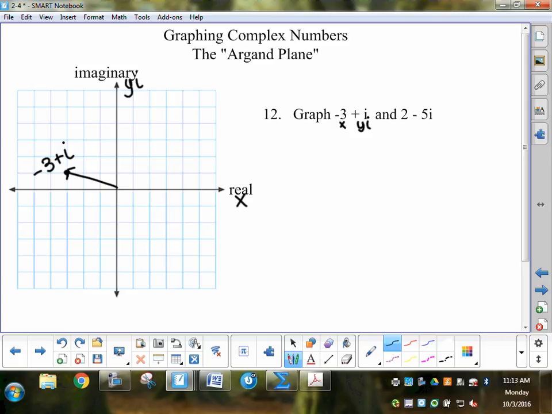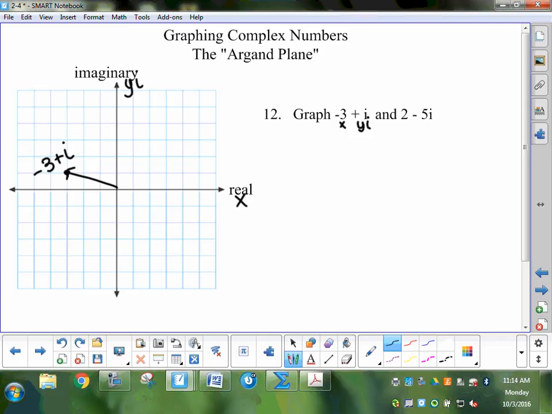By the way, hands up please when you tell me which quadrant this gets drawn out in. Fabulous. Seriously, we don't know which quadrant number this ends in? 2. Take a look please at the next one. 2 minus 5i. Hands up please when you can tell me which quadrant that's going to get plotted out in. Terrific.